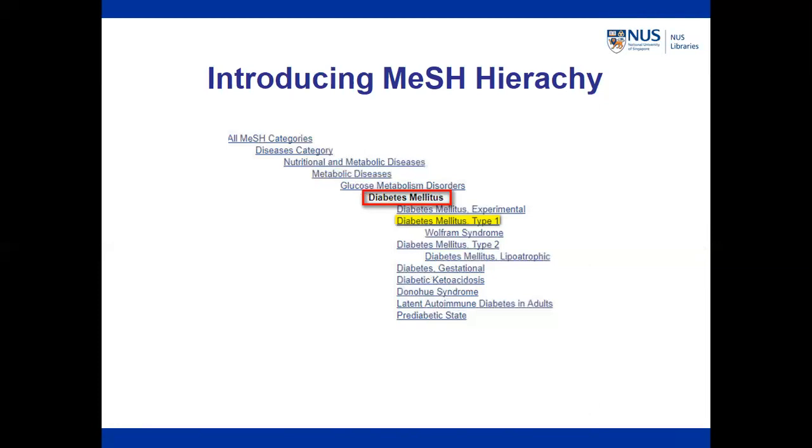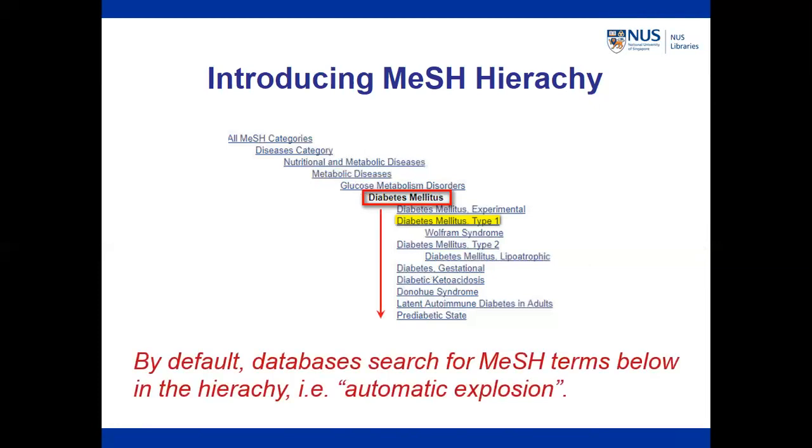If you're looking for the narrower terms, in this case, diabetes mellitus type 1 instead of diabetes mellitus, please choose the narrower terms. Unless you have not enough results and decided to broaden your scope to all types of diabetes.